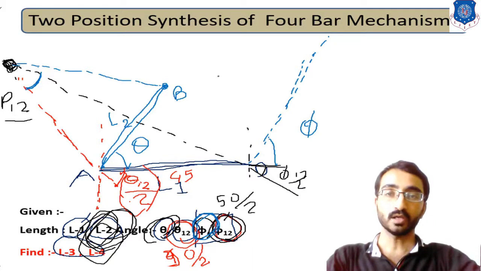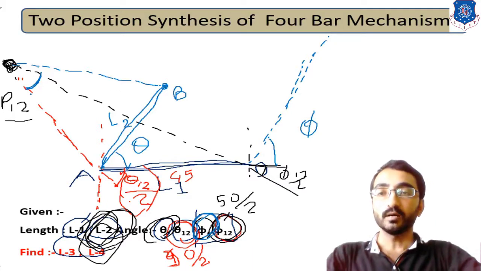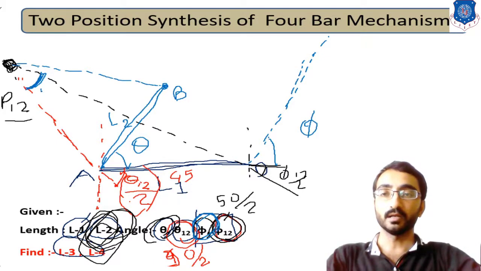Now you have the pole angle at P12. Take this pole angle as your reference angle, and consider this one as angle alpha.